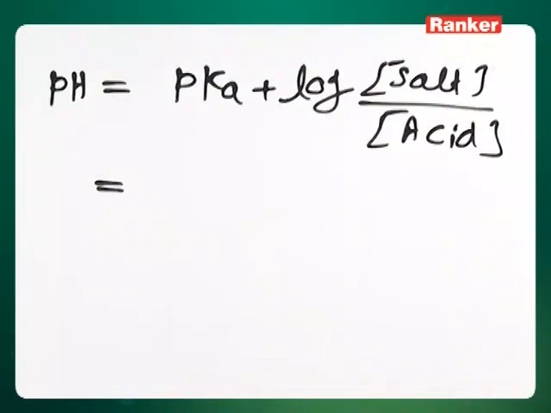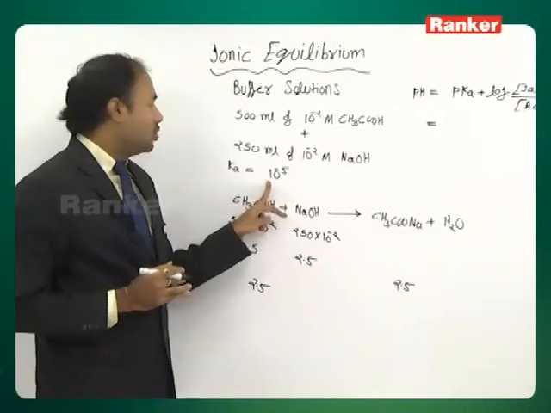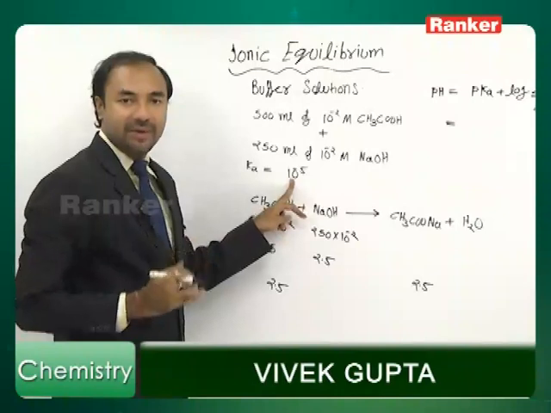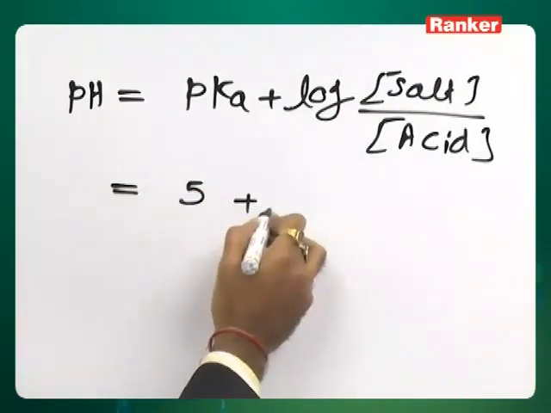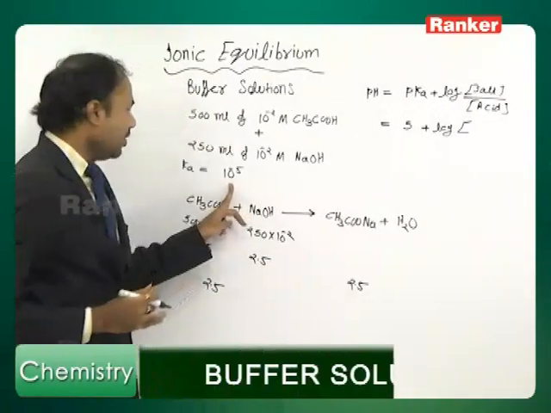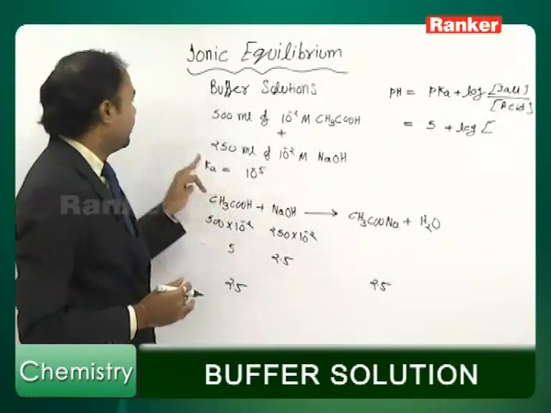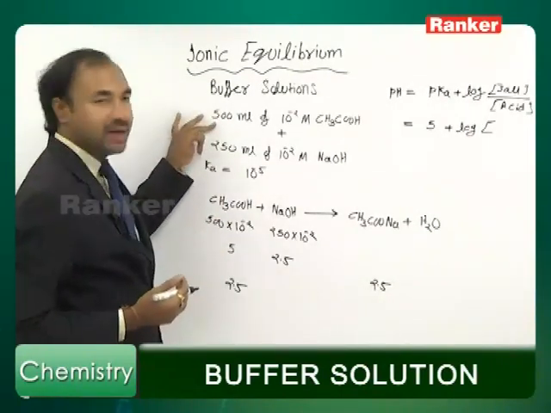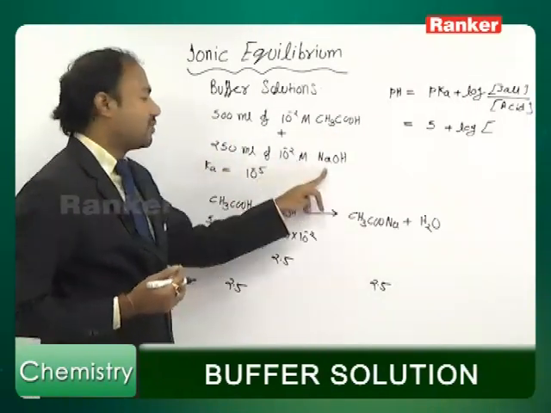We substitute the values. pKa, minus log of 10 to the power minus 5, will be pKa for this, which will come out to be 5, plus log of concentration of salt. For salt concentration, this is 2.5 millimoles. If we talk about concentration, this will be 500 ml, which came from acetic acid, plus 250 ml, which came from sodium hydroxide.